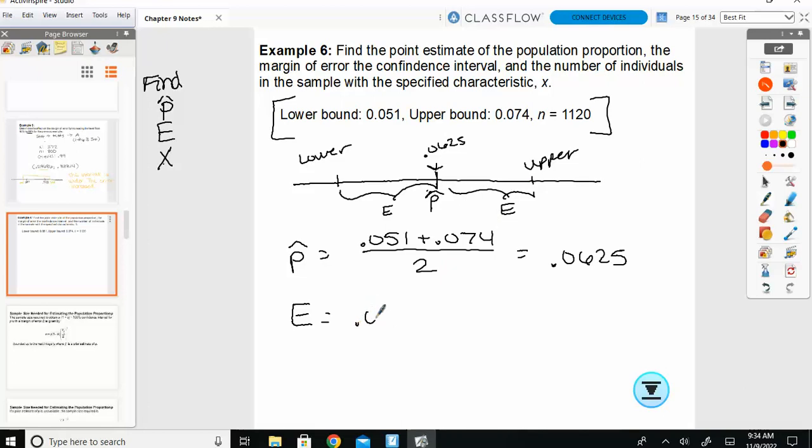So I could just take my upper minus my p hat. Or you could do your p hat and subtract off the lower, either way. And we get an error of 0.0115.